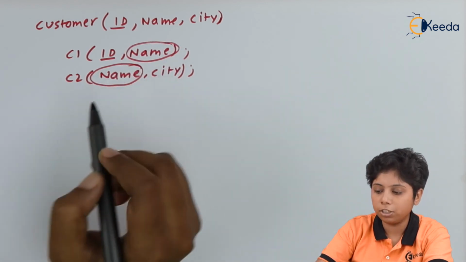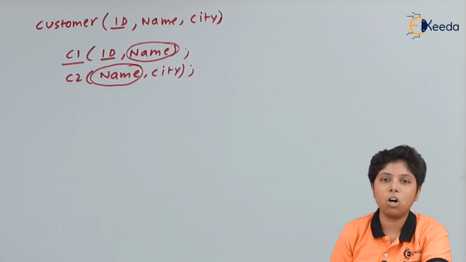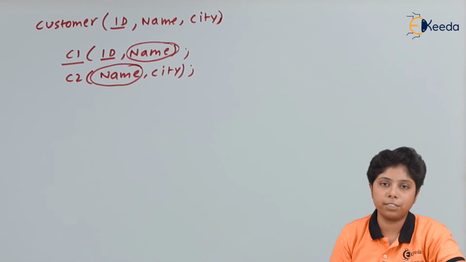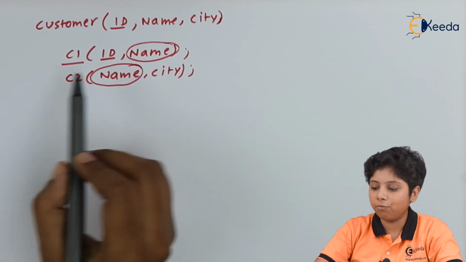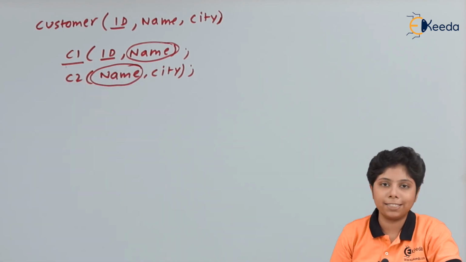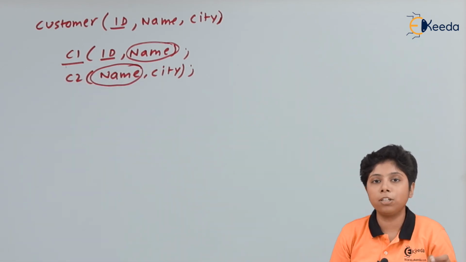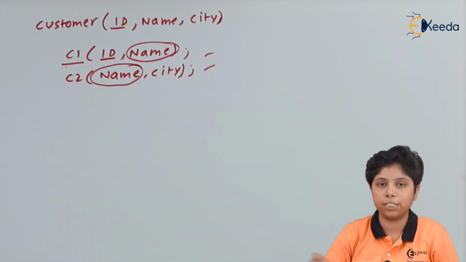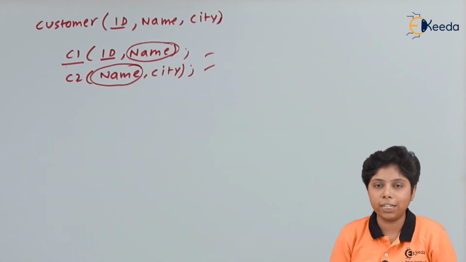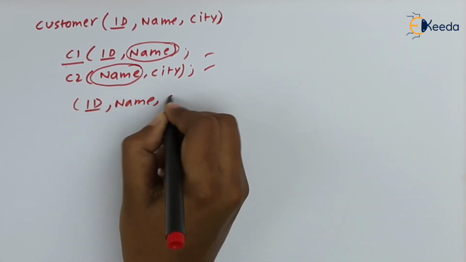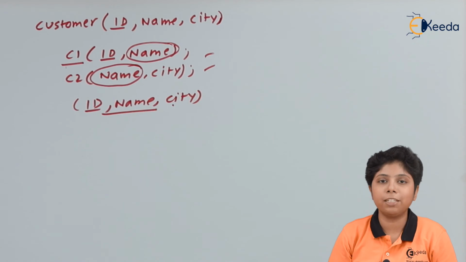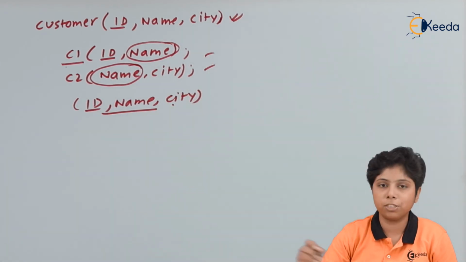Well, name cannot uniquely define C1 because the name can be repeated for a customer. There can be 2 or more customers of the same name, that is, Kim being the name of 3 or more customers. So we cannot define the names on C1 and C2, as we will lose the data if we decompose it in this way. So when we join it, we have an ID, name, city, but not in the previous manner that was preserved here.